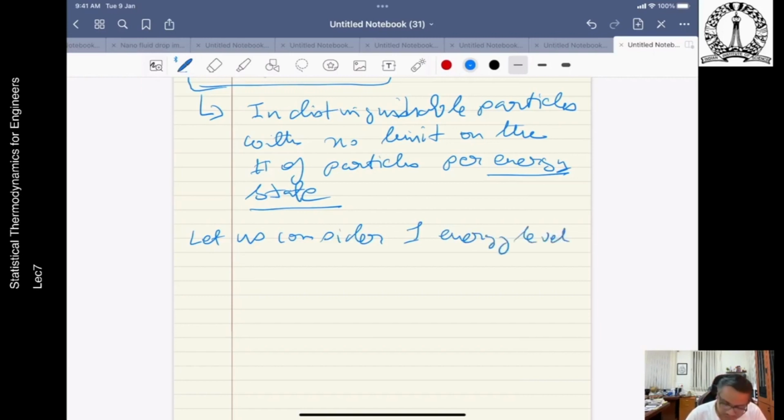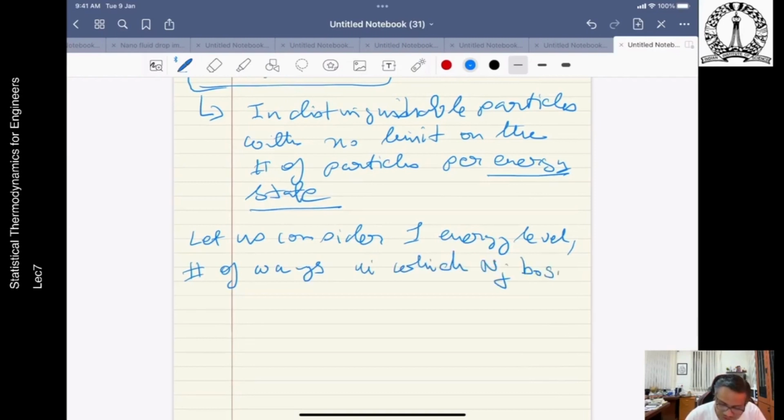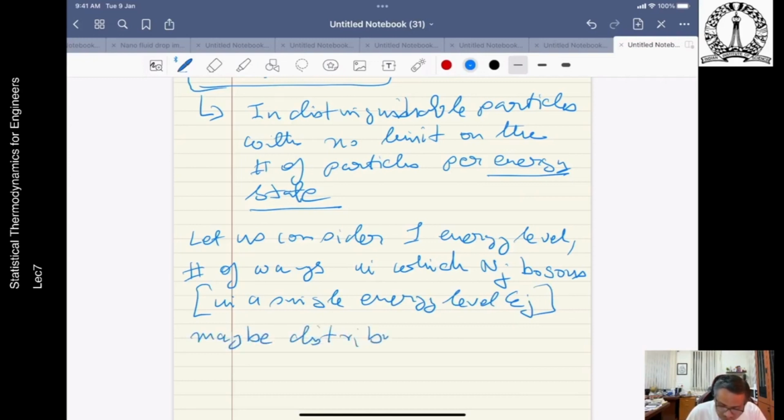Let us consider the number of ways in which NJ bosons, the number of particles in a single energy level EJ, may be distributed in GJ energy states.